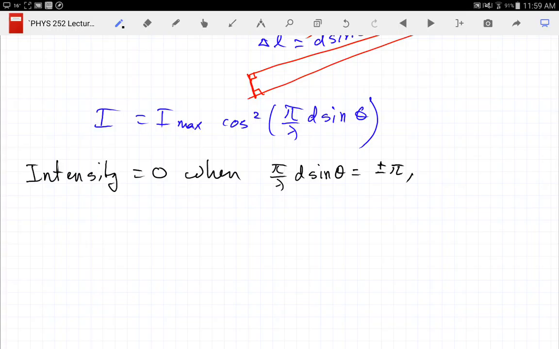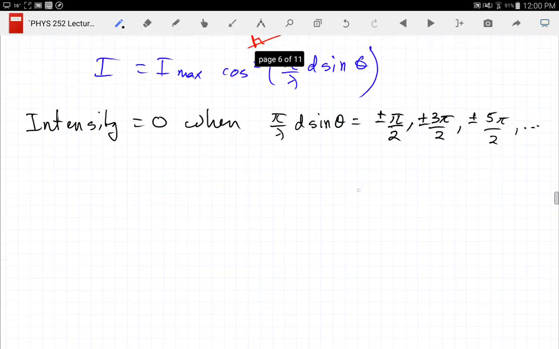Pi halves, yeah, thank you. Or what else? Or 3 pi over 2. Plus or minus 3 pi over 2. One more. Plus or minus 5 pi over 2.